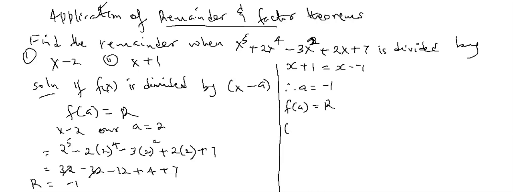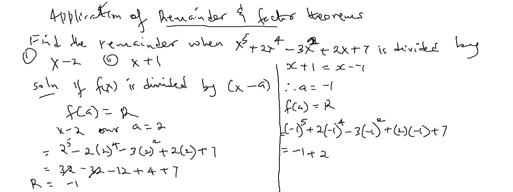So again, we replace x with negative 1. So we get negative 1 to the power 5 plus 2 times negative 1 to the power 4, minus 3 times negative 1 squared plus 2 times negative 1 plus 7.